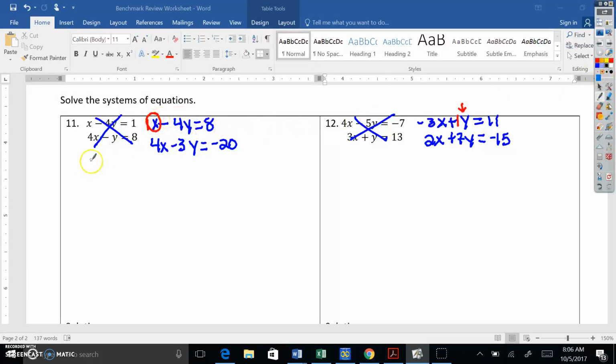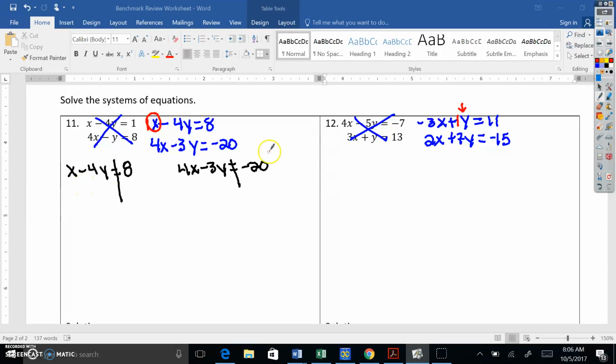Once I decide on my variable, I like to keep organized. And so I put my equations side by side just to keep them in order. And what I'm going to do now is solve for x. Now, one of the issues students are having is they're solving one of the equations for one variable and another equation for another variable. Make sure once you select the variable you're solving for, then that's the variable you're going to solve for in both equations, not just in one of them.